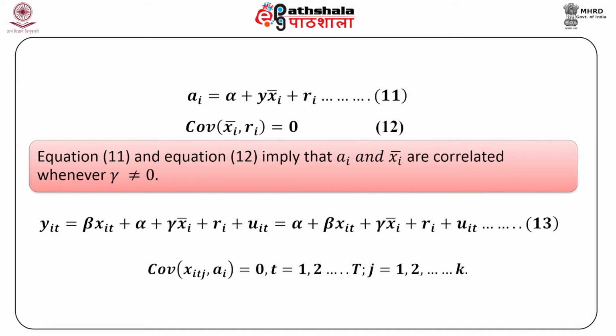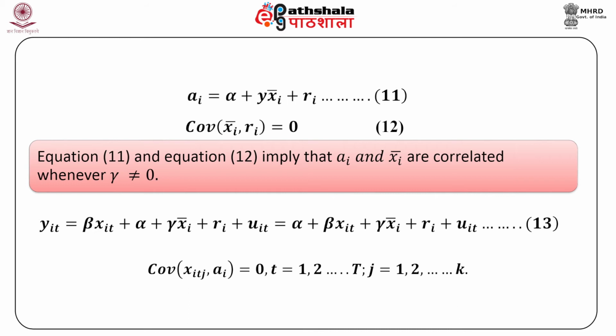The correlated random effects, that is CRE, approach uses equation 11 in conjunction with equation 10. Substituting the former in the latter gives y_it equal to beta x_it plus alpha plus gamma x_i bar plus r_i plus mu_it.